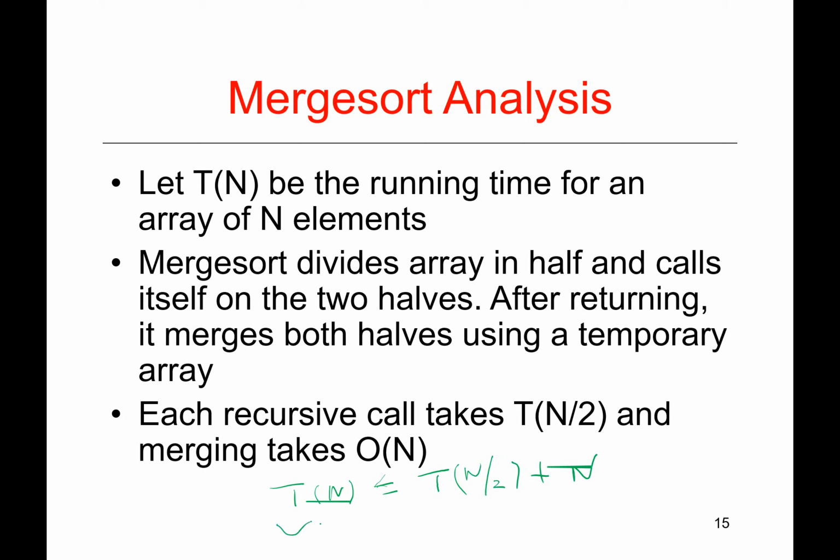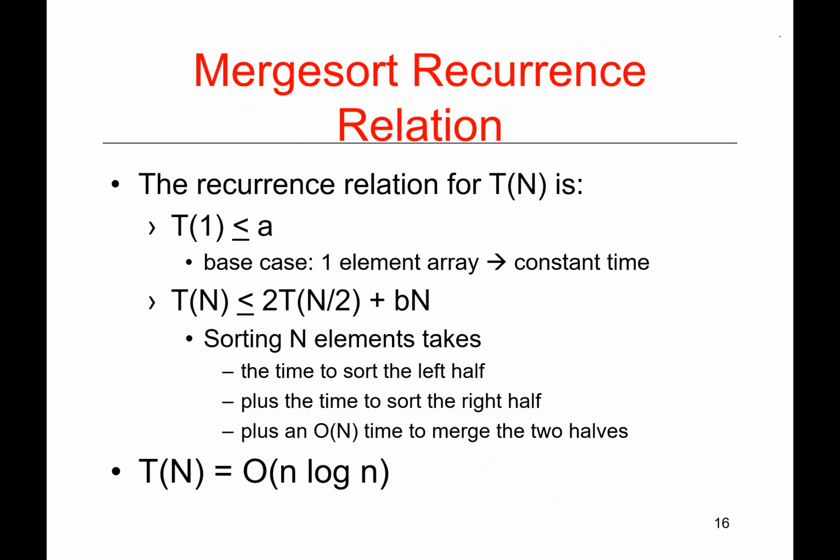And you can see, based on what we discussed in module 2, you can solve this by substitution or the master method. Based on this, we have T(n) equals O(n log n). This also gives the proof.